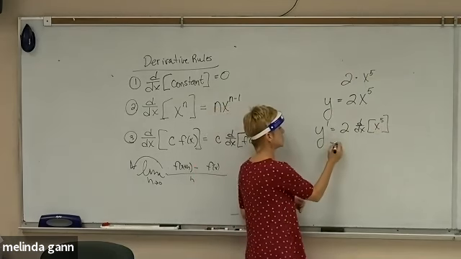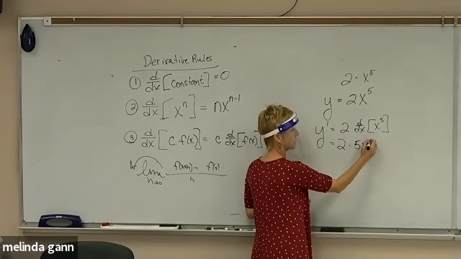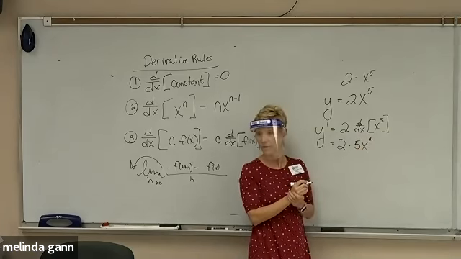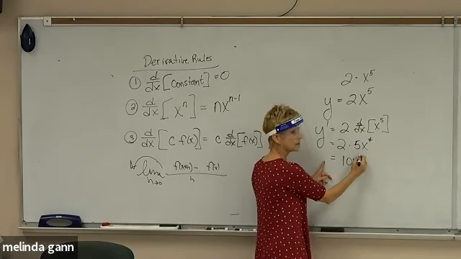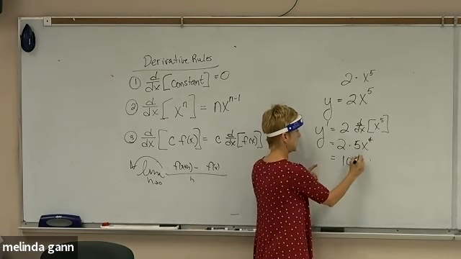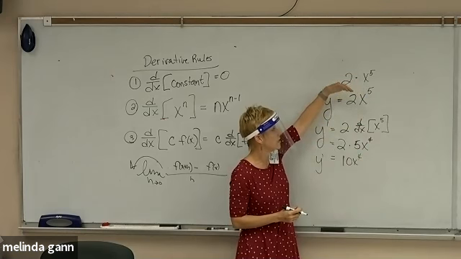Now, we've already said, what's the derivative of x to the 5th? 5x to the 4th. So what do I end up getting? 10x to the 4th, thank you.